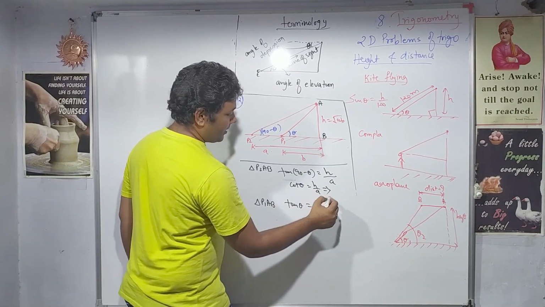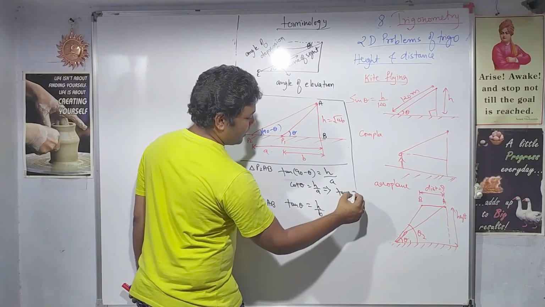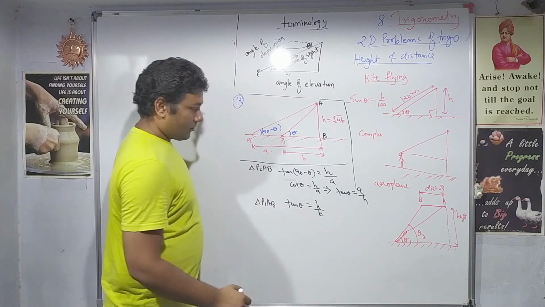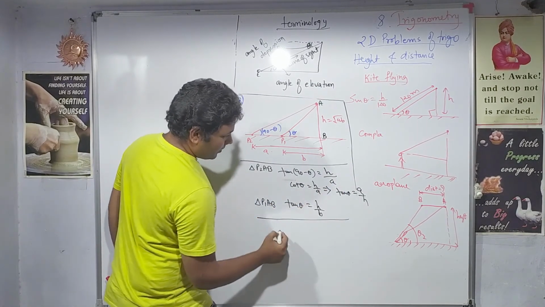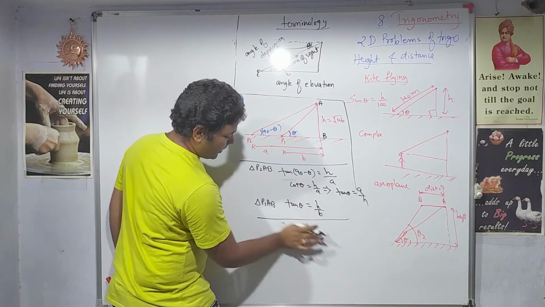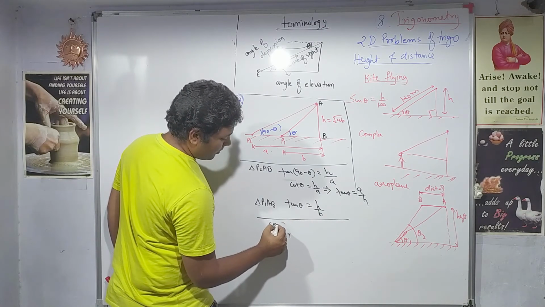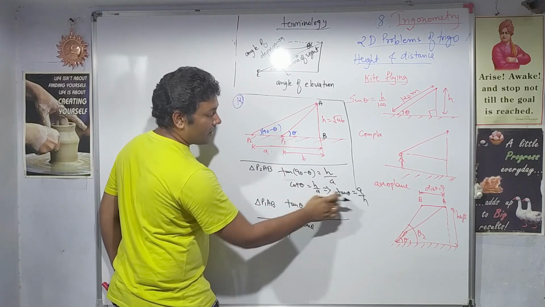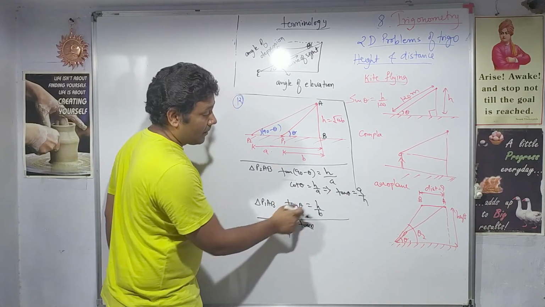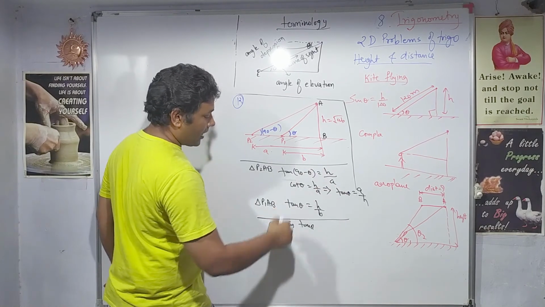So that implies tan theta will be equal to a upon h, correct? Both these tan theta must be same. We have got tan theta from this and tan theta from here also. Obviously both these tan theta must be same.